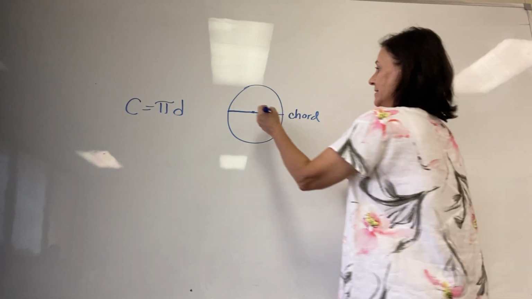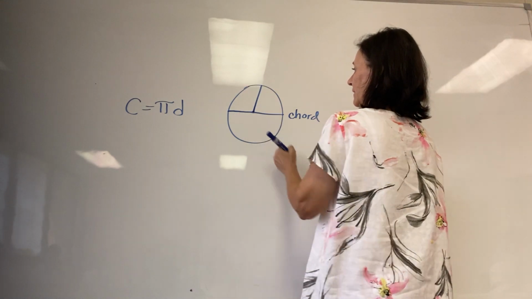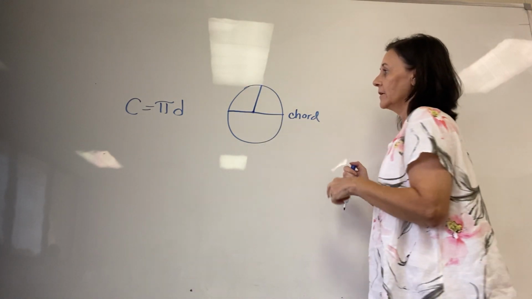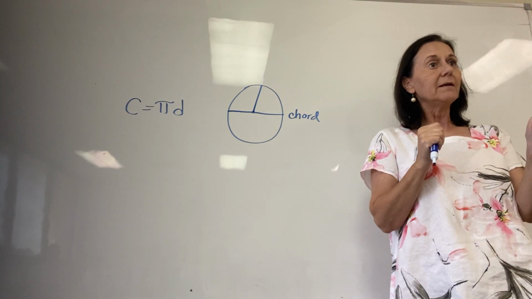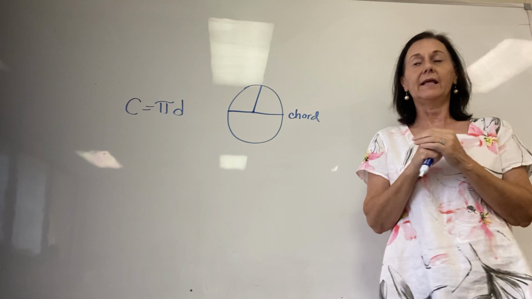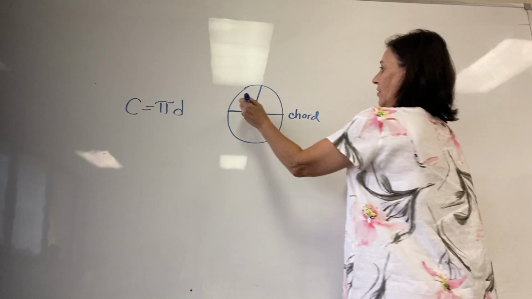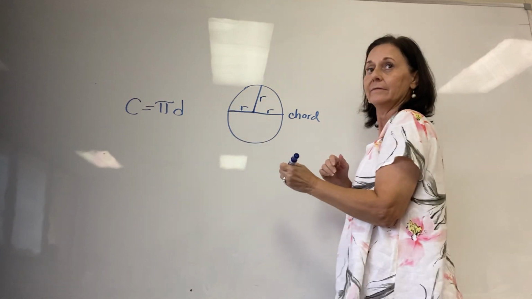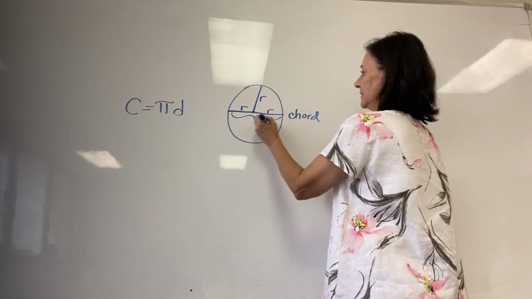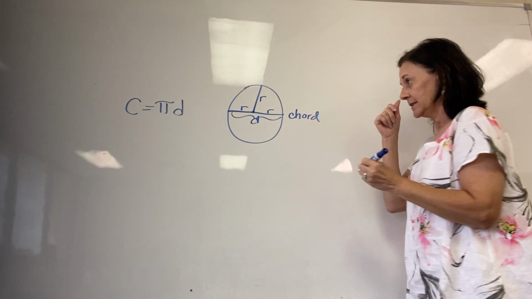A radius is more like a ray, and its beginning point is the center, and it intercepts the edge of a circle. So really, these are all radii, aren't they? But this is also a diameter.